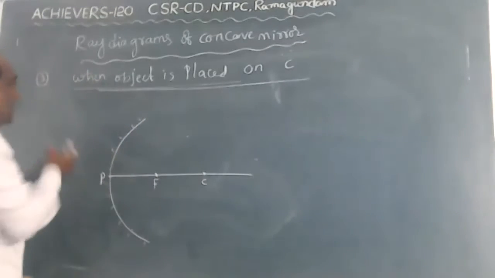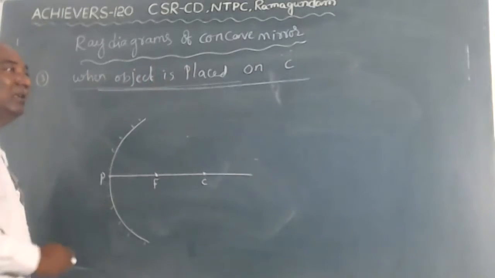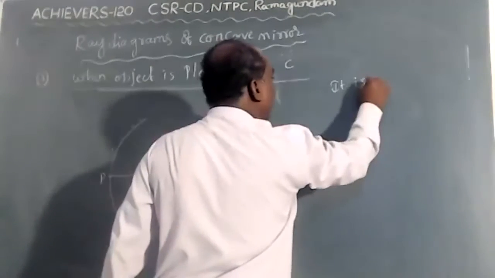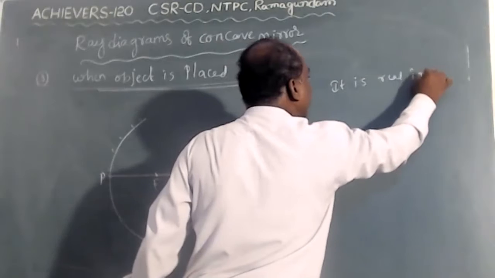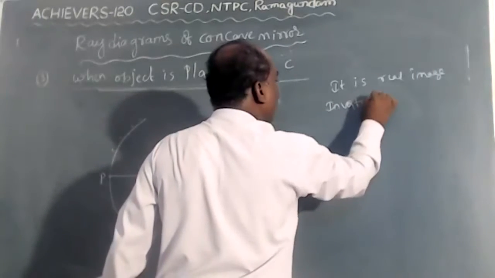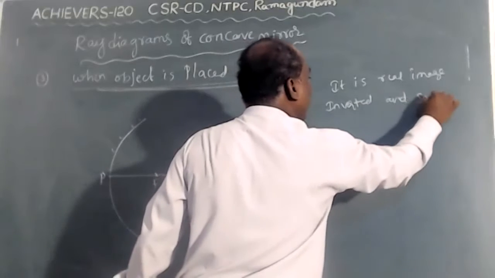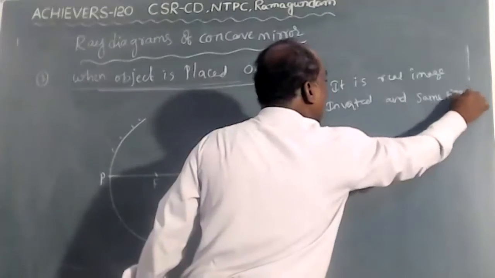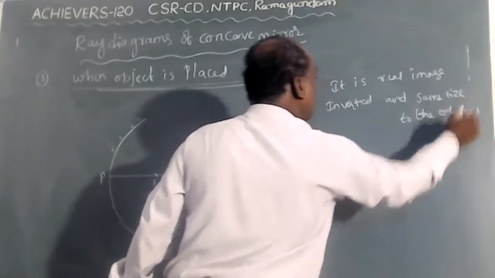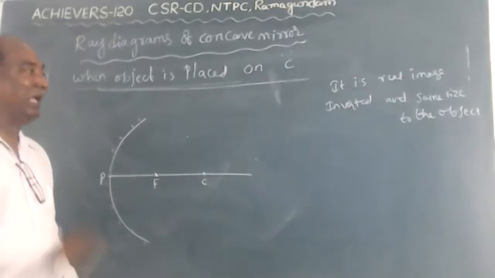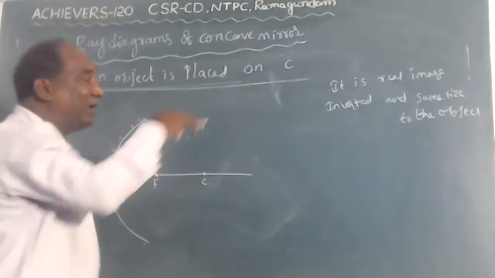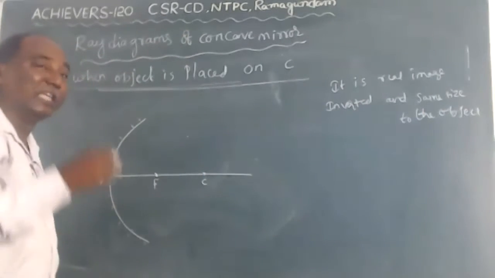So see this question: when object is placed on C, we have to write the characteristics. It is a real image, inverted and same size as the object. So these are the characteristics of the image. It forms a real image, inverted, and equal to the object size.